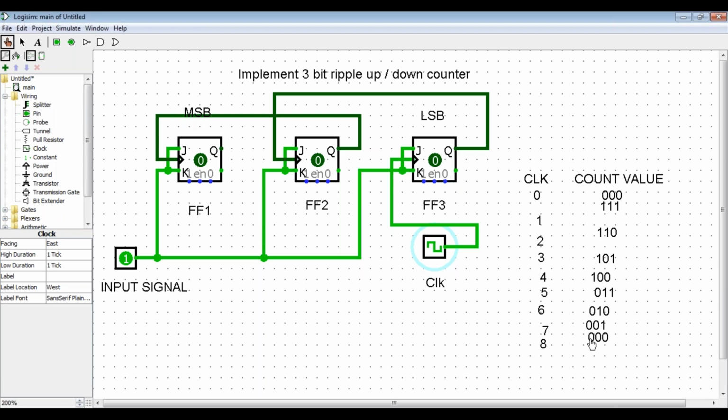Okay, students, are you able to understand? Reply through chat.